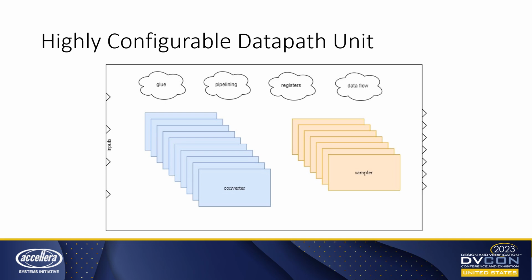Note that there is additional minor logic in between the modules, pipelining stages, data flow logic, etc., which is represented by these clouds of logic in the drawing. How the primary input, converter and sampler units can be connected can then be modeled as a DRT, where the primary input corresponds to the root of the tree, the converter subunits correspond to internal vertices, and the sampler subunits correspond to leaves in the tree.